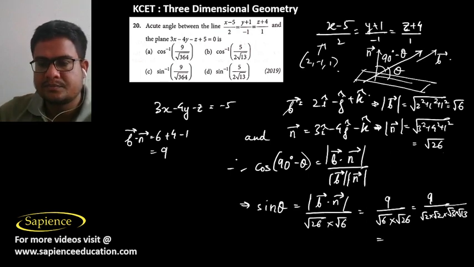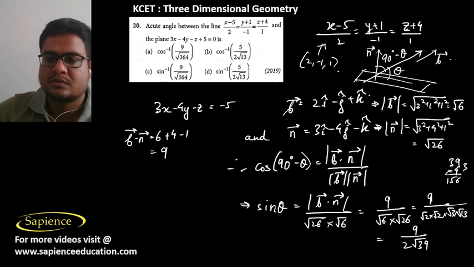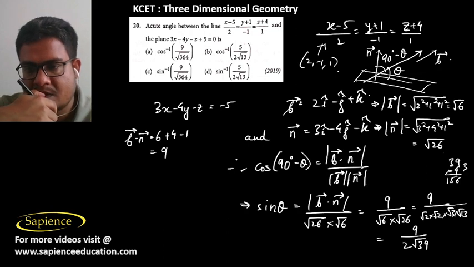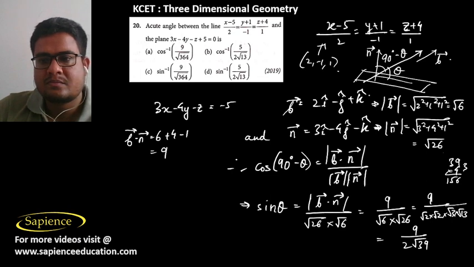This will be equal to 9 by 2 root 39. Sine theta is 9 by 2 root 39.